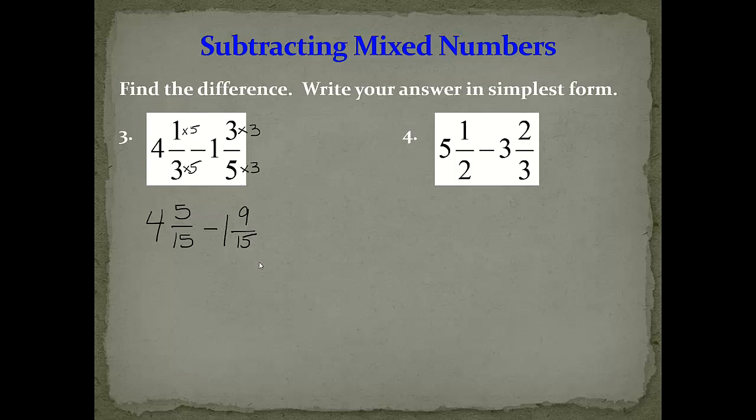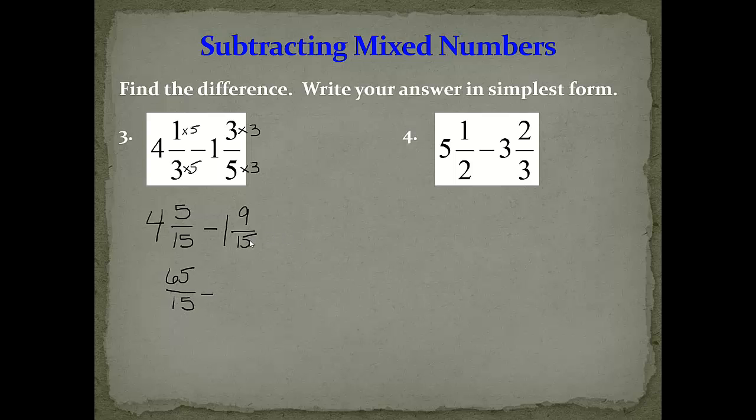So another way that we can solve this is we can turn each of our mixed numbers into an improper fraction. So 4 and 5/15, we would multiply 15 times 4, which is 60. Add the numerator, which is 5, so we have 65/15.